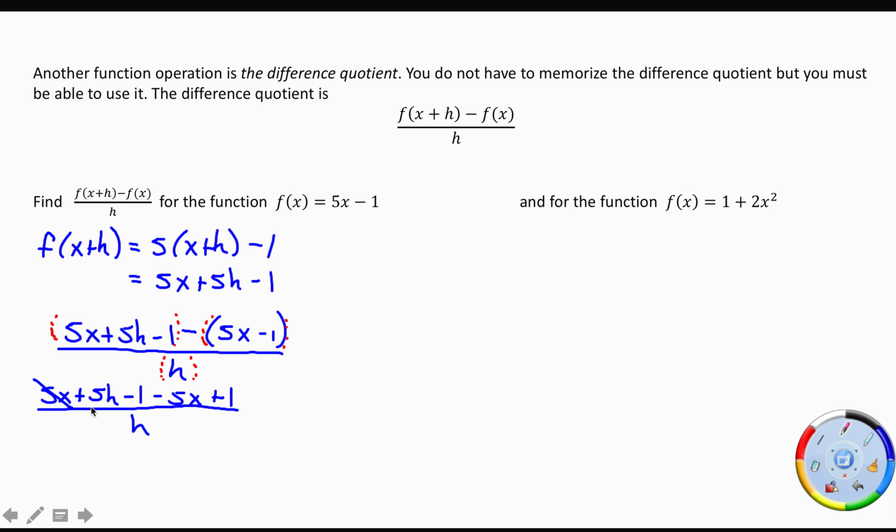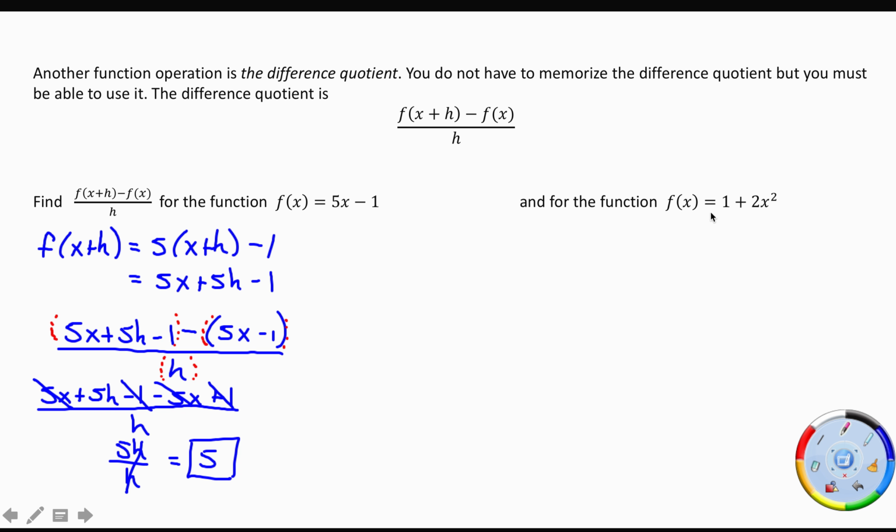And notice here's a 5x minus 5x. Here's a minus 1 plus 1, which leaves 5h over h. h divided by h leaves 5. The difference quotient when f of x equals 5x minus 1 is 5.